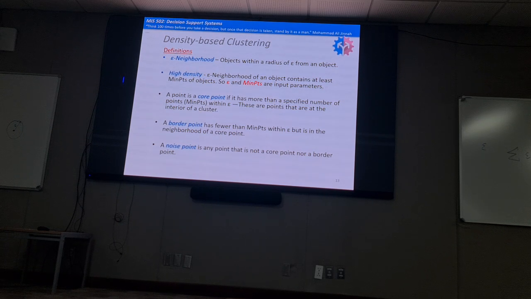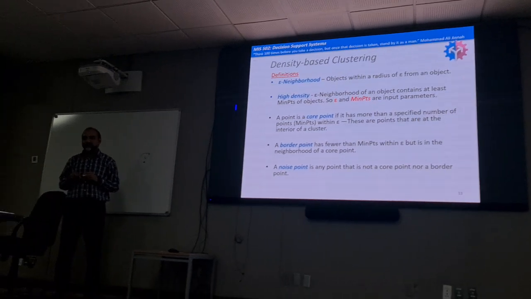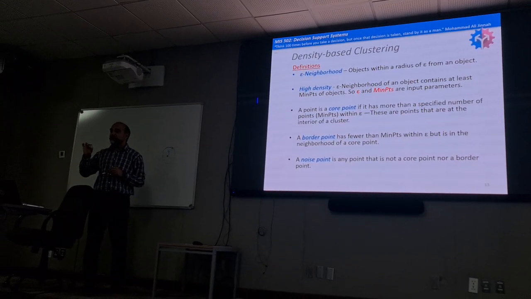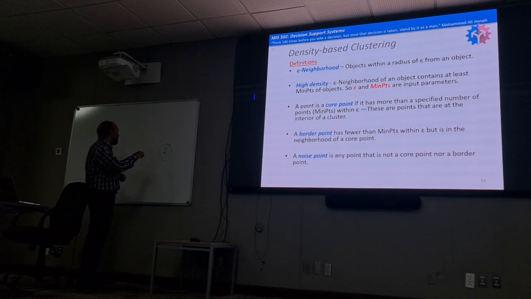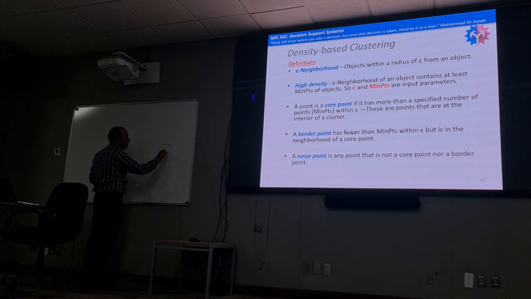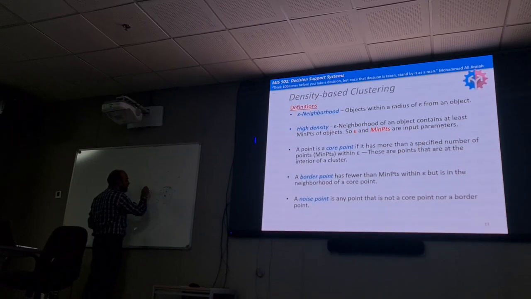Okay, let's assume that as a manager I've given you the radius. We'll come to that, it's a very good question. But for now, assume that you know this radius. Let's first understand this, and then we'll see who comes up with this radius, because it is an important question. But let's assume that you know this radius, okay? So for any point in my data, I can pick any point.